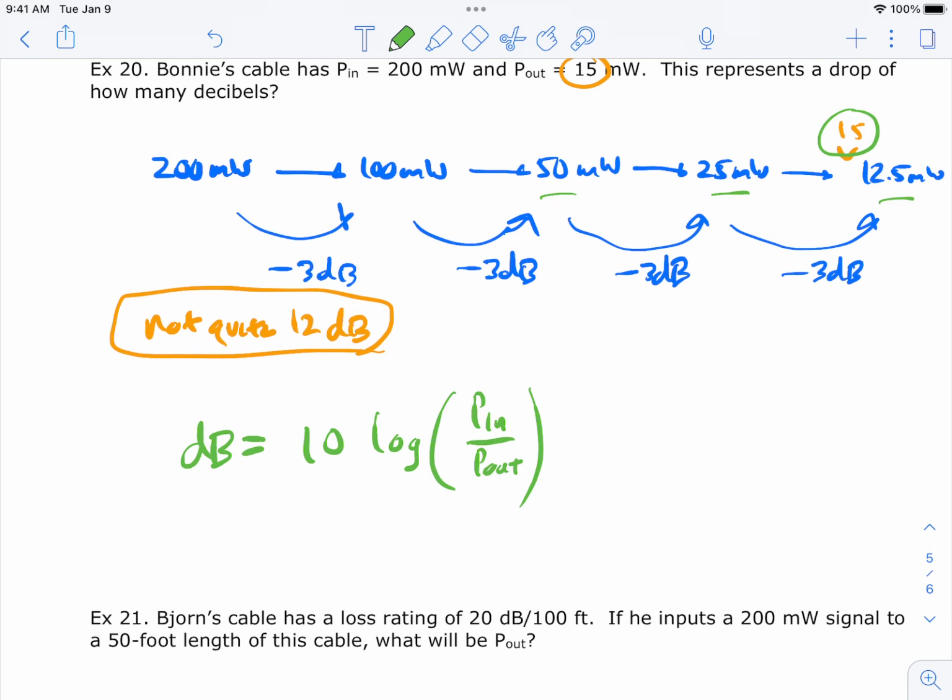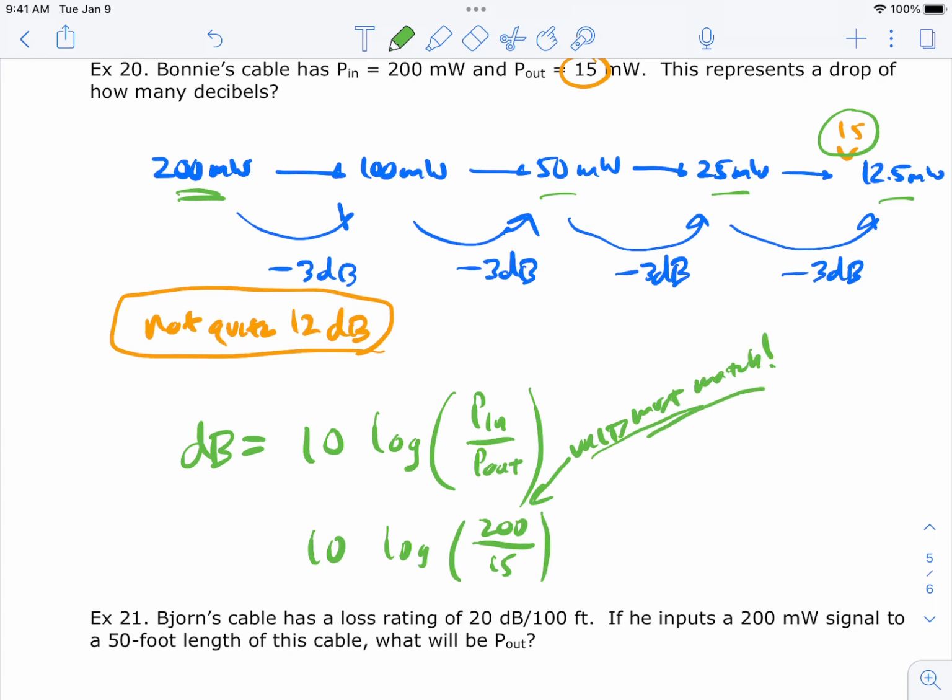So if I were to put in that we started at 200 milliwatts and we ended at 15 milliwatts, notice the units must match. This doesn't work if you use volts and kilovolts or whatever. The units must match. But anyway, I did. The units match. So I'm going to figure that out now.